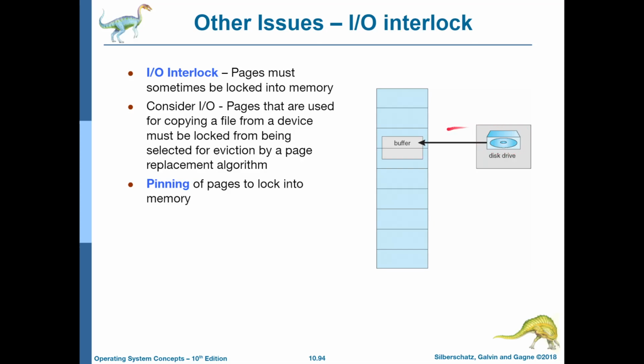We call locking a set of pages so that it does not move, cannot be swapped out, I/O interlock, where the hardware expects the memory to be in a certain configuration. We have to keep these things locked because we don't know when the drive is going to need that memory. The drive, again, is a separate device from our CPU. So locking this memory is a safe way to verify that that device can access its memory.